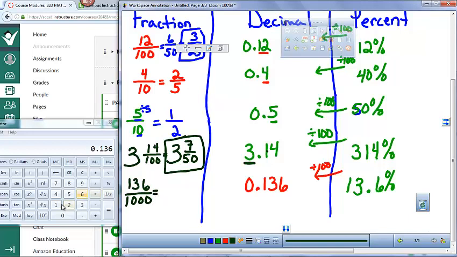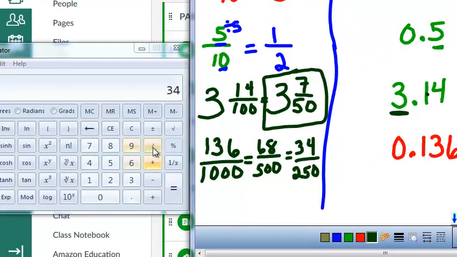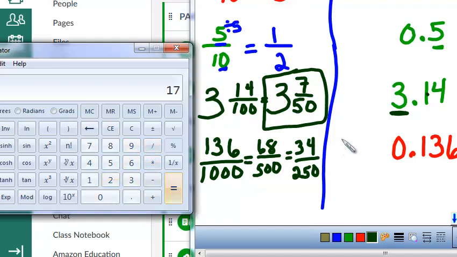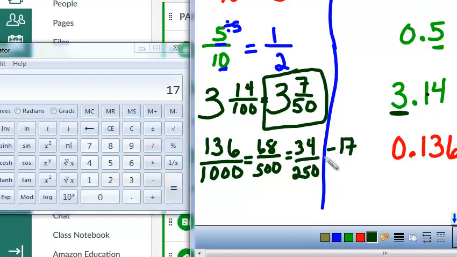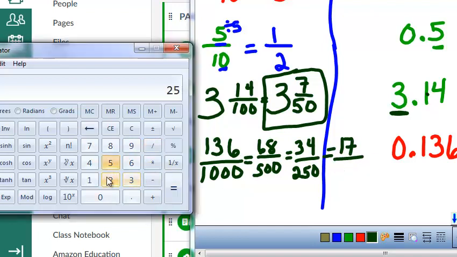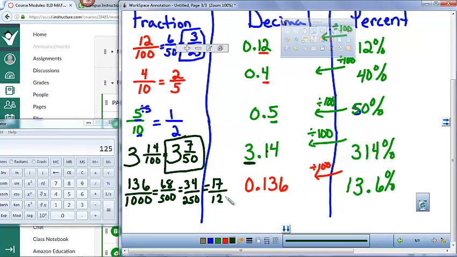Then you simplify. So 136 divided by 2 is 68 over 500. 68 divided by 2 is 34 over 250. 34 divided by 2 is 17. 250 divided by 2 is 125.